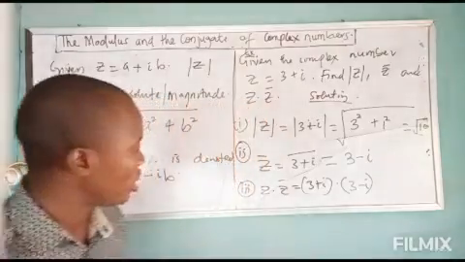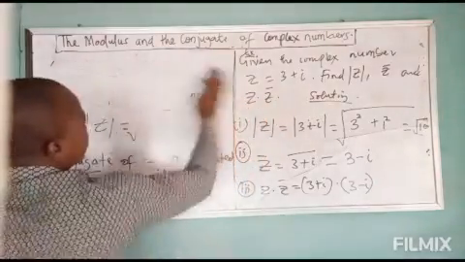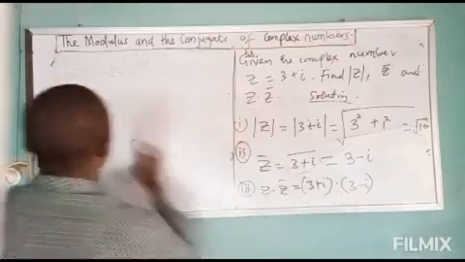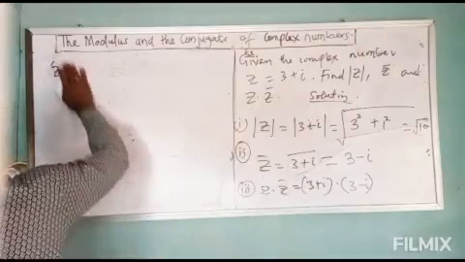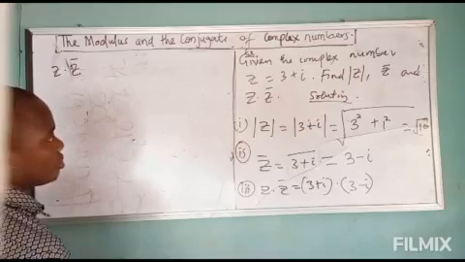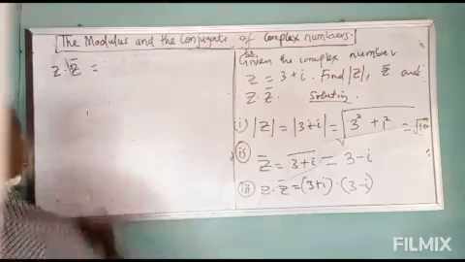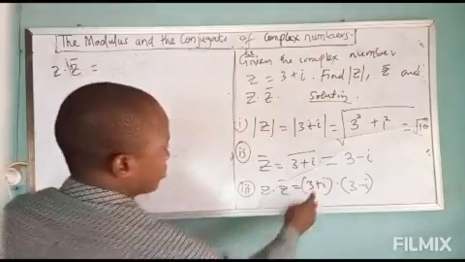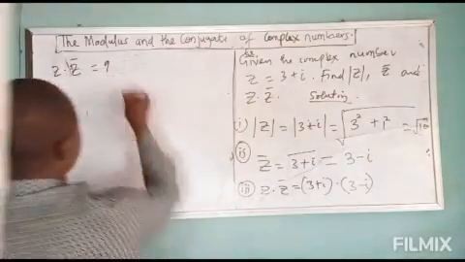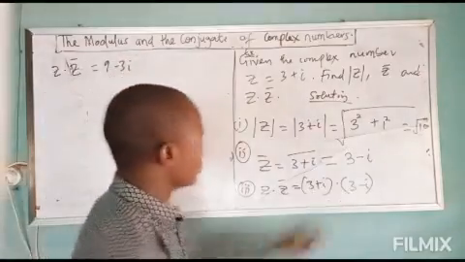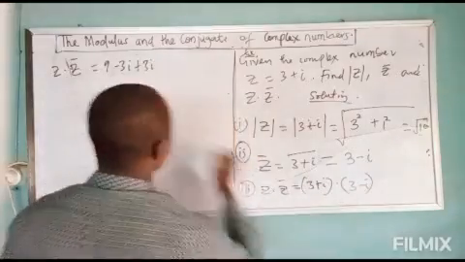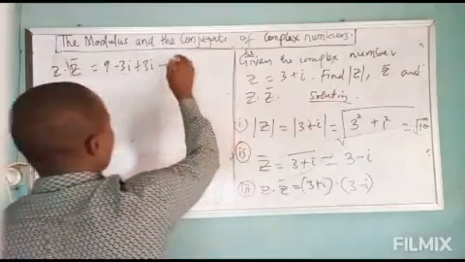Now multiply this one by this. We have z dot z bar equals 9, that is 3 times 3, then this and this gives minus 3i, this and this gives plus 3i, then plus times minus is minus, and i times i is i squared.